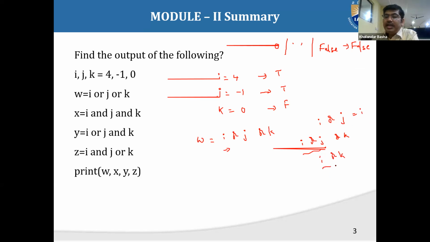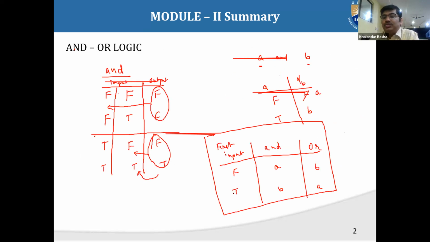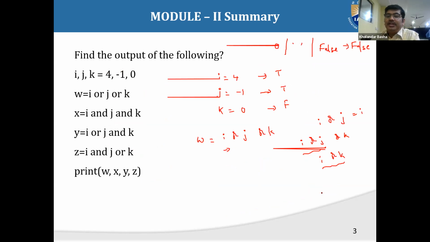What is the value of i here? i is true. So when the first input is true, the output is the first input only. Here you're going to get the output as i.